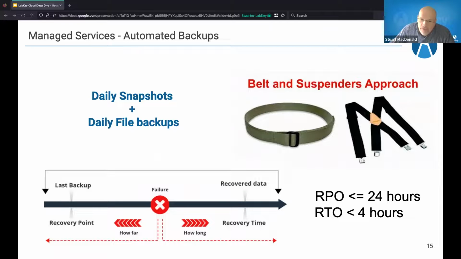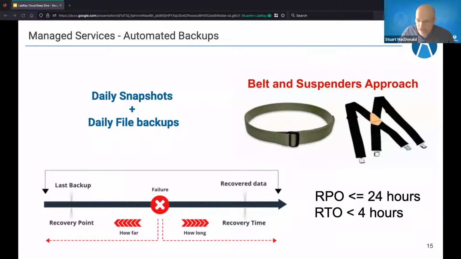For the belt approach, we leverage our cloud provider capabilities to do instant snapshots, which gives us point-in-time recovery of the complete instance or service. And then for the suspenders approach, we also take file backups. This gives us a recovery point that allows us to retain the history of those over the long term, so we can meet compliance purposes.